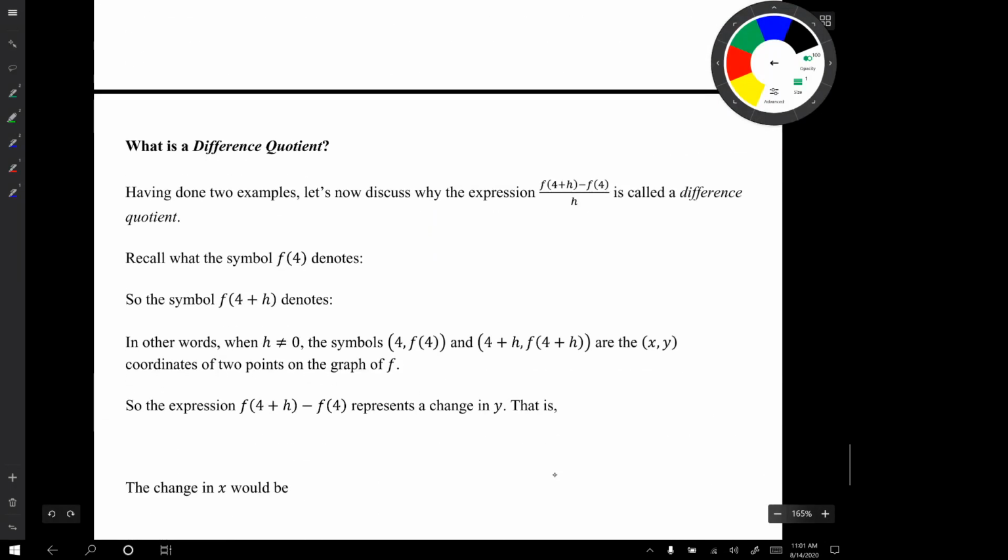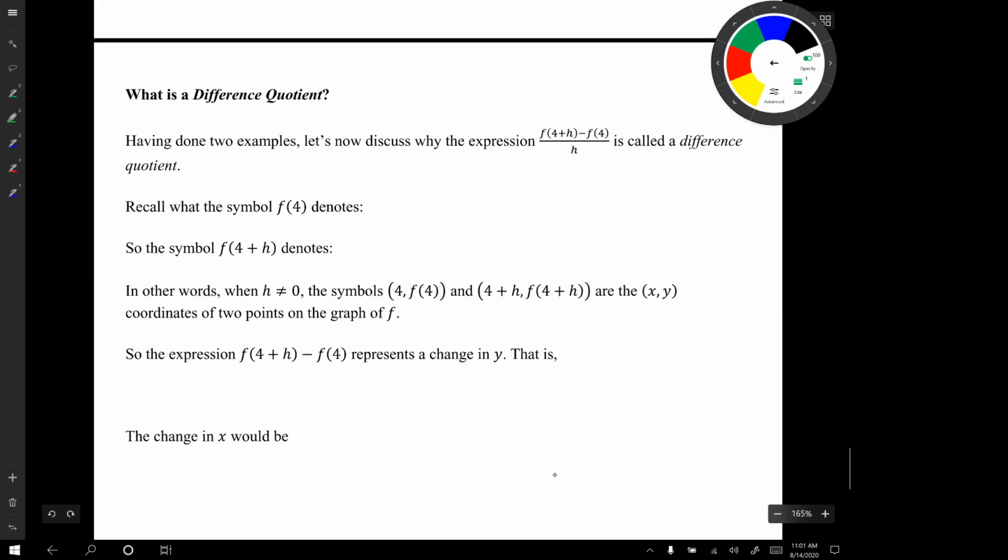Earlier in the video, I said that I would tell you later why it's called a difference quotient. So let's do that now. Why is this expression called a difference quotient? Remember what the symbol f of 4 denotes, and remember what the symbol f of 4 plus h denotes.